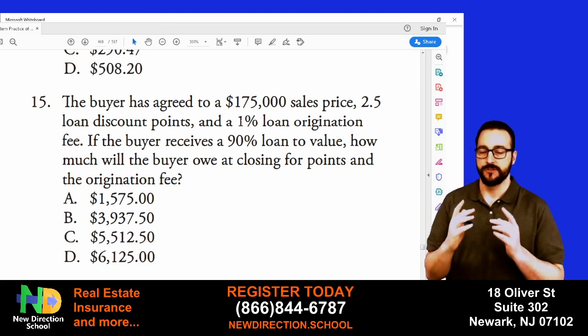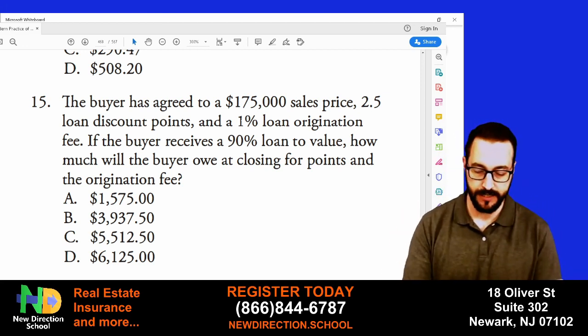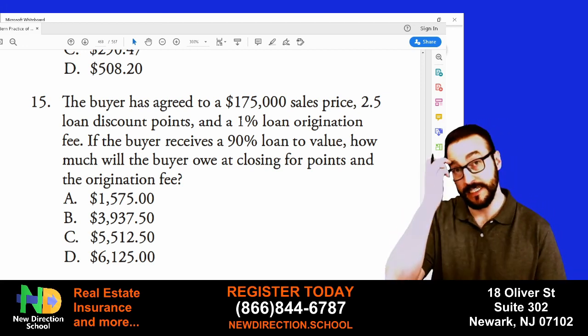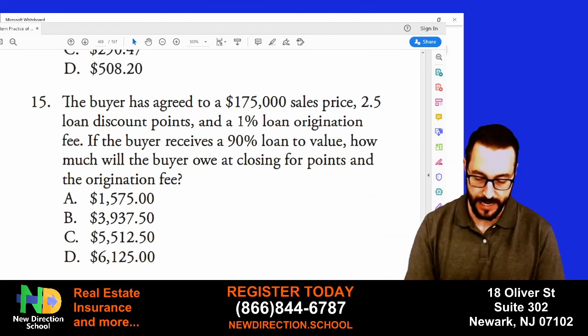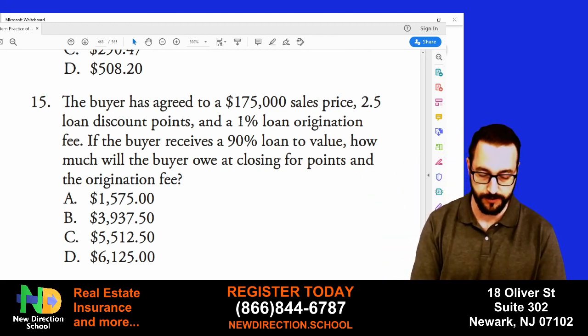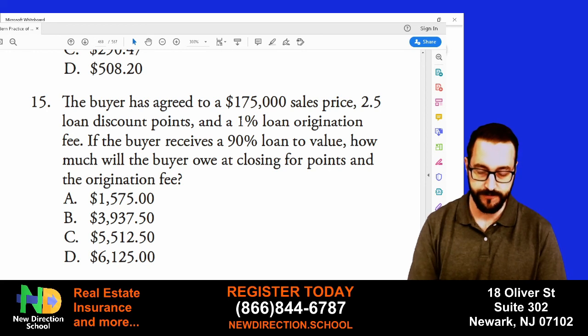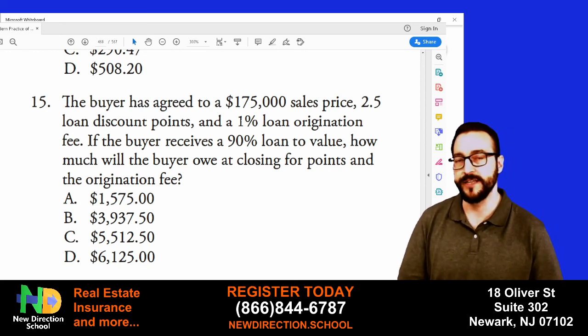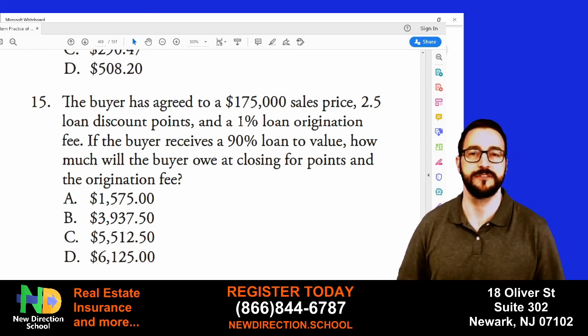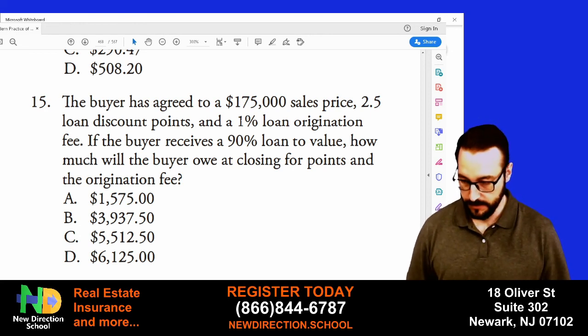All right. So if you guys notice, now they give you percentages, but they didn't give you the actual loan. And they added another feature, which was the origination fee. So points and originations are two types of fees that you can get on a loan.